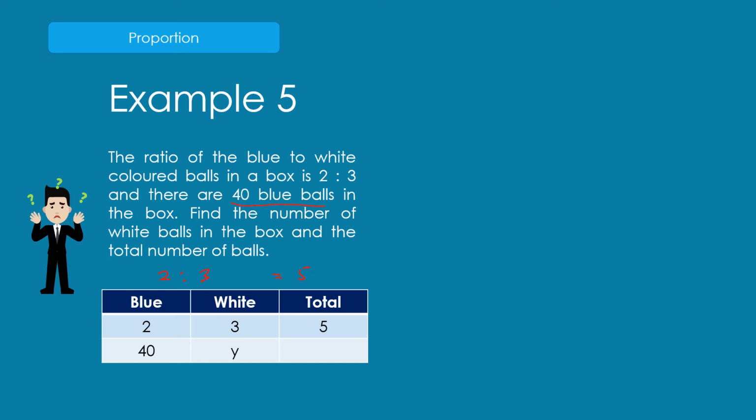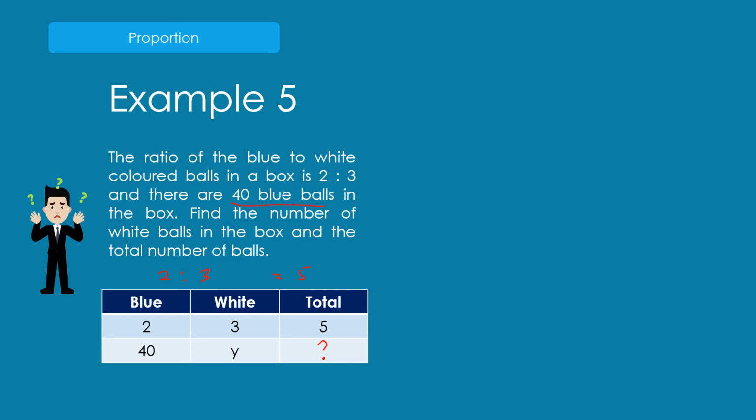To solve this question, you want to find how many white balls are in the box. So you have to find one portion first, just like the previous example. Before this, we used the total number to find one portion. But for this question, there is no information about the total number of balls.